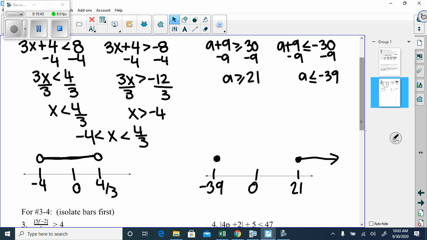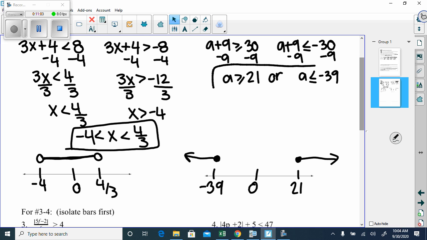Less than negative 39 would be to the left. So do I have an and or an or here? Or. So all I need to do is put or between my two inequalities. So here was my final inequality for an and. Here's my final if it's an or.